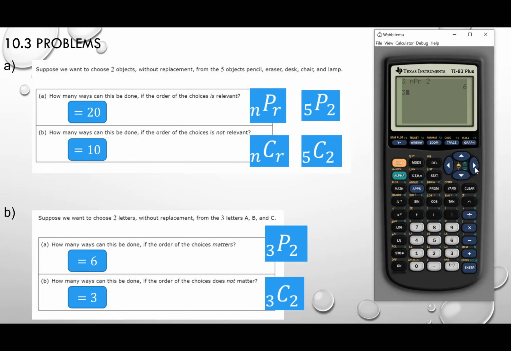And vice versa, you type in 3, you go to nCr and you enter 2, and that's where I have 3. So the calculation is doable. The hardest problem is, which one am I using? Am I using nCr or nPr? And that is your challenge.